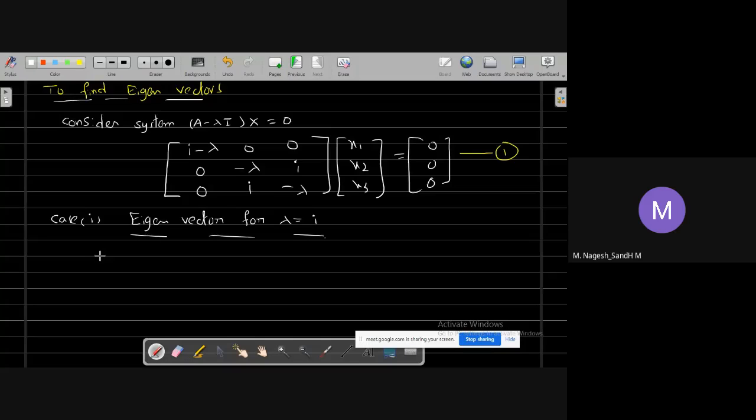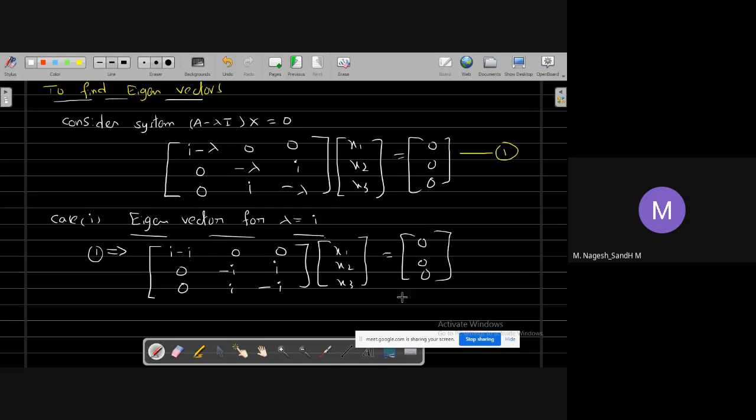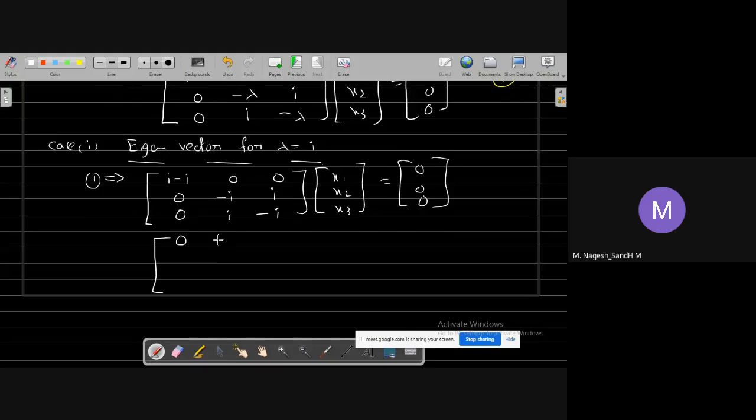So now, substituting i in the lambda place, you will get the matrix 0 0 0, 0 0 minus i, 0 i minus i, into x1, x2, x3 is equal to 0 0 0.